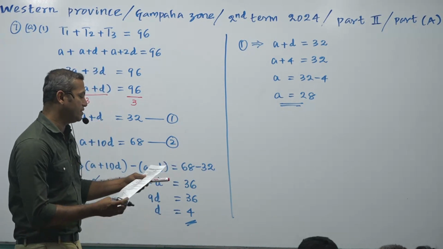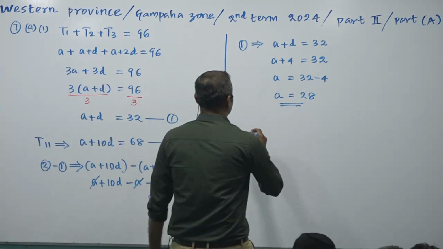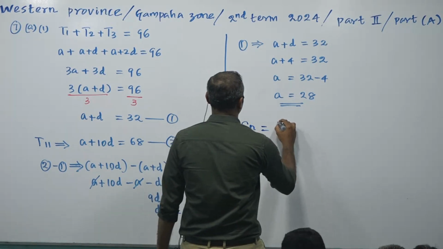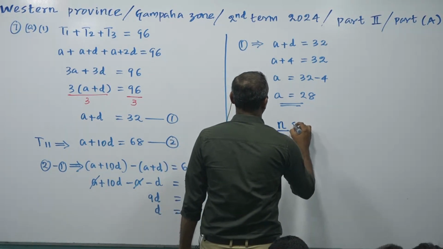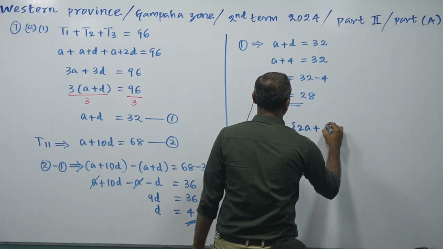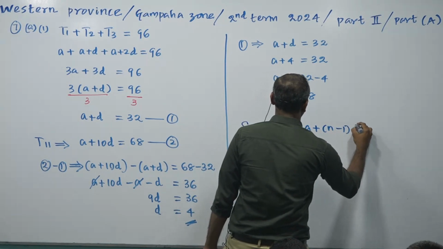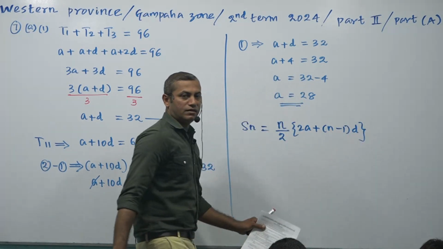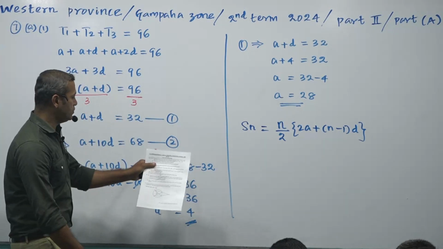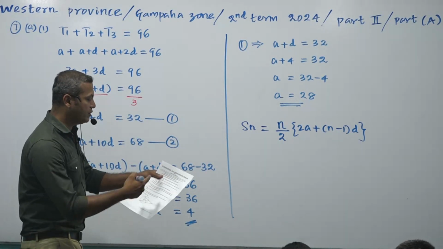What is the formula to find the sum of n terms? Sn equals what? n divided by 2 into 2a plus n minus 1 times d. In this formula, you substitute these two values and try to get that answer.